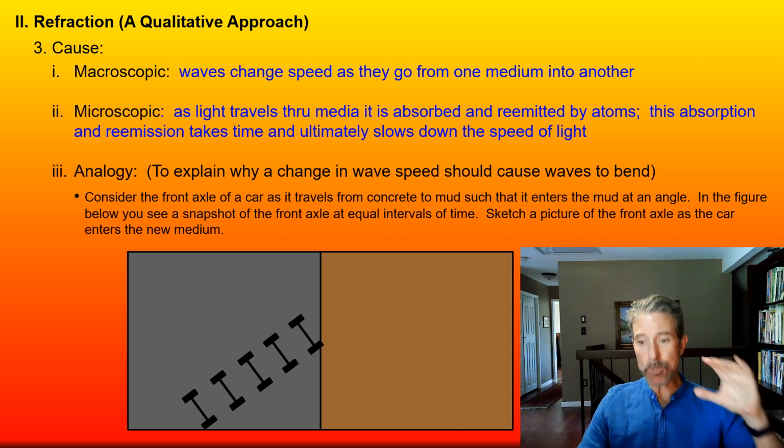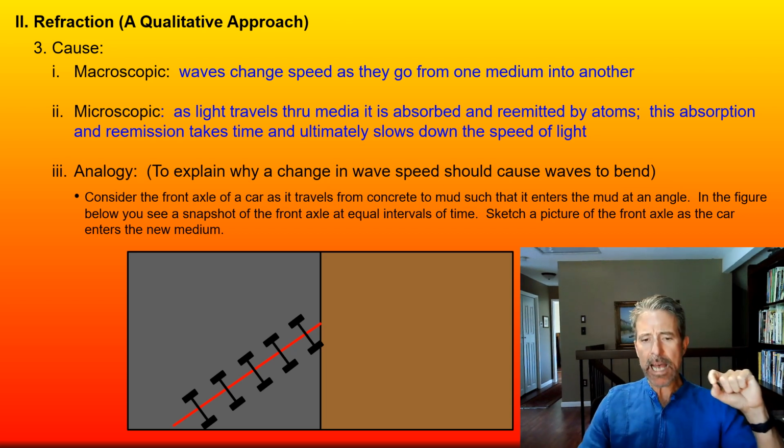In which case, when your front axle is traveling entirely in this first medium of concrete and both wheels travel the same distance in the same time, you could infer that your car and axle would be traveling in a straight line. What I'm showing you here in this picture is the position of the front axle of your car at given intervals of time, let's say at 1 second time intervals.